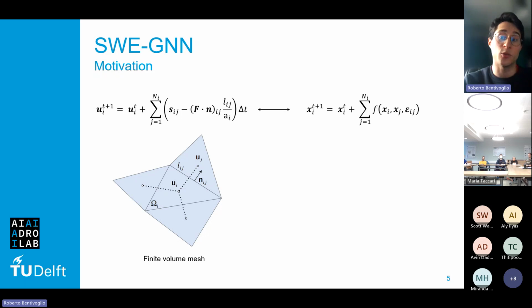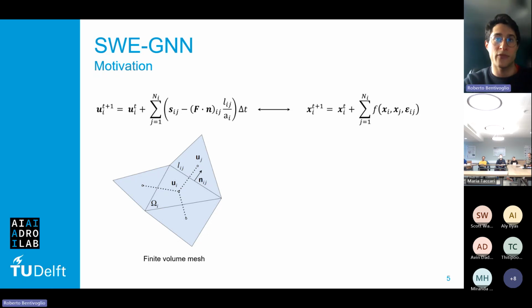This is what it would look like. I just changed a bit some variables, but you can see that the structure is the same. Now we just use this function f to approximate everything that is going on here, which is the solution of mass and momentum conservation. Now, this equation here is an instance of graph neural network.